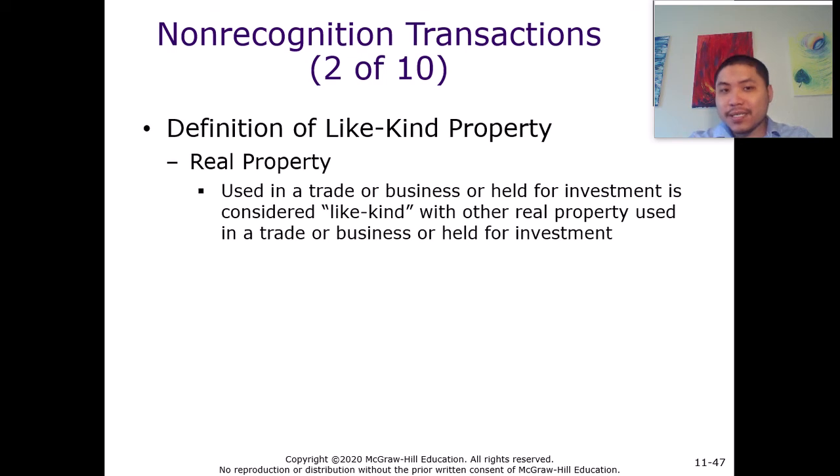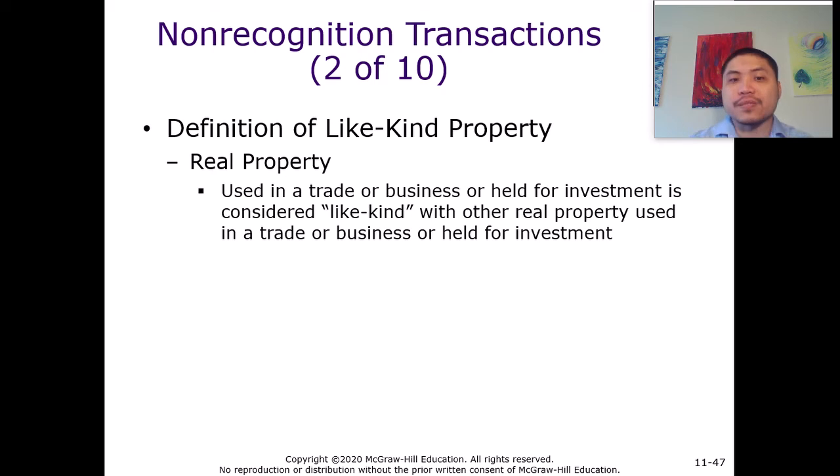So in this case, even though both pieces of property are real properties, they are not personal properties, but Mr. A is offering his residential house, which is not property used in trade or business or held for investment. Because of that, this transaction cannot be qualified as a like-kind transaction.